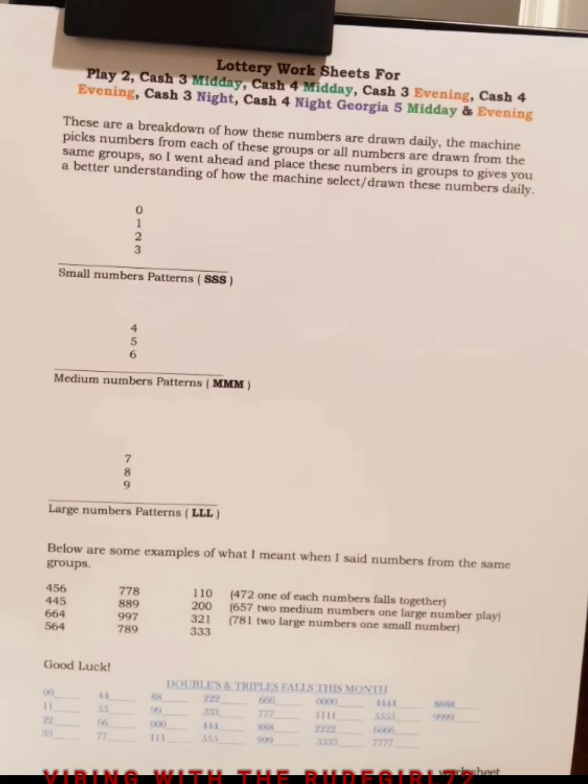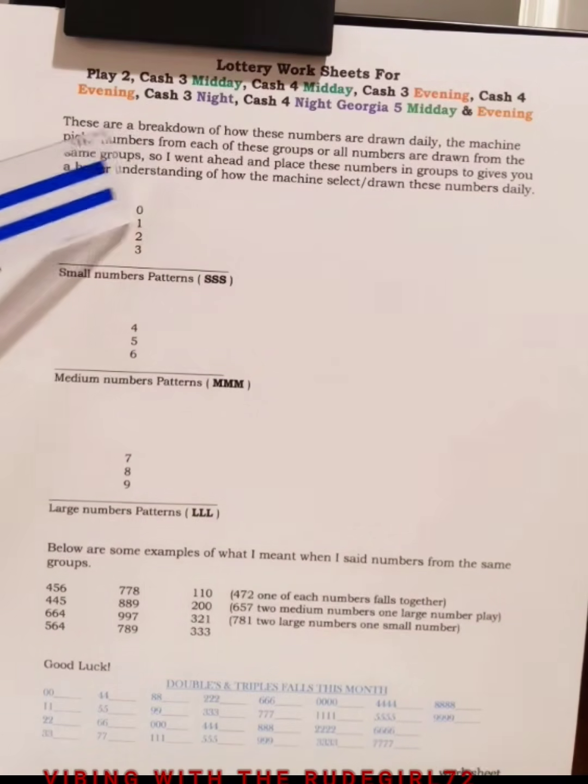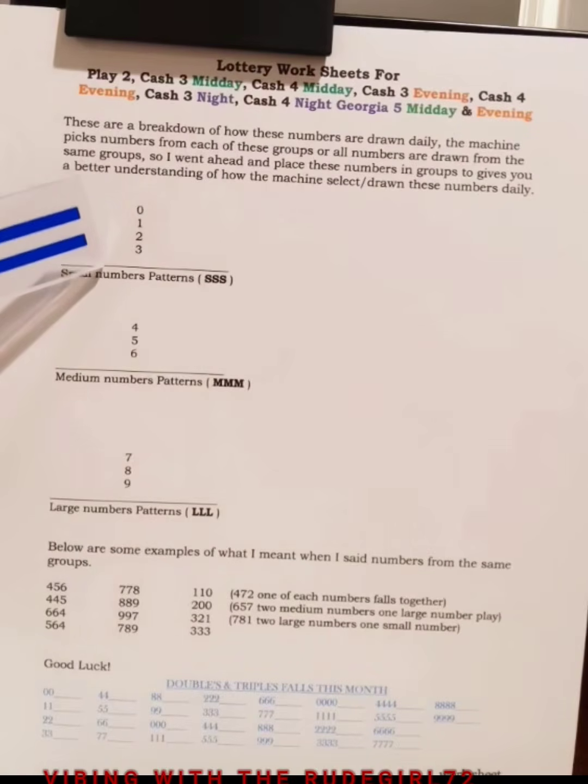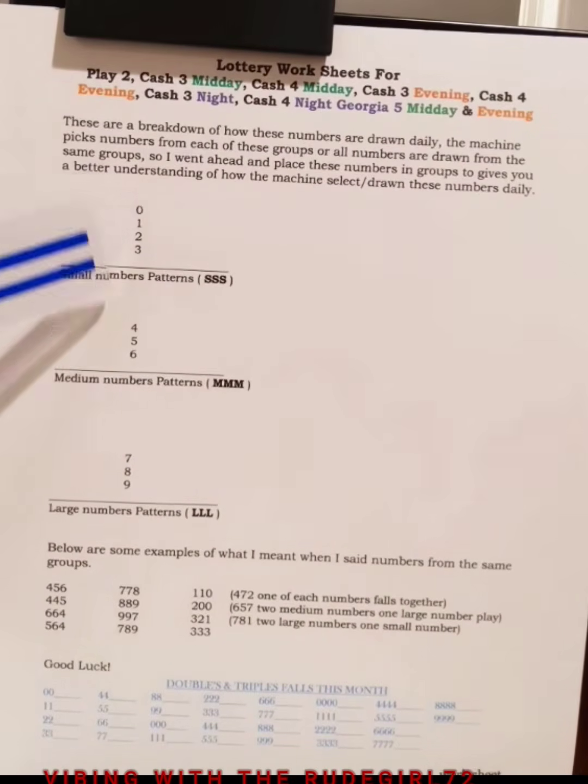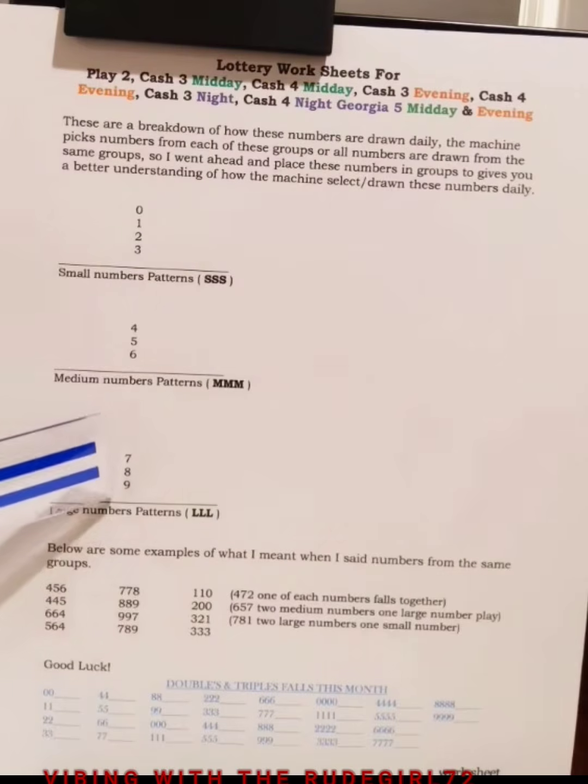Now, this is exactly how the machine has these numbers in there. And when the machine is selecting the ball, the machine is going to select numbers from each of these groups right here. As you can see, you have the small group, the medium group, and the large group.